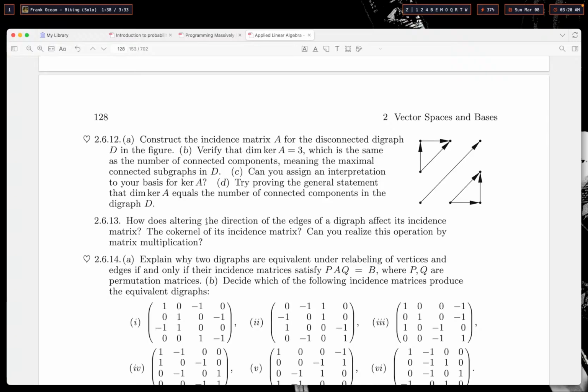An incidence matrix just has ones, negative ones, and zeros per row, where -1 represents the head of an edge, and 1 represents the tail. And zeros are every other vertex that's not affected. So if you alter the direction of the edges, you're essentially altering where the ones and the negative ones go in the incidence matrix.